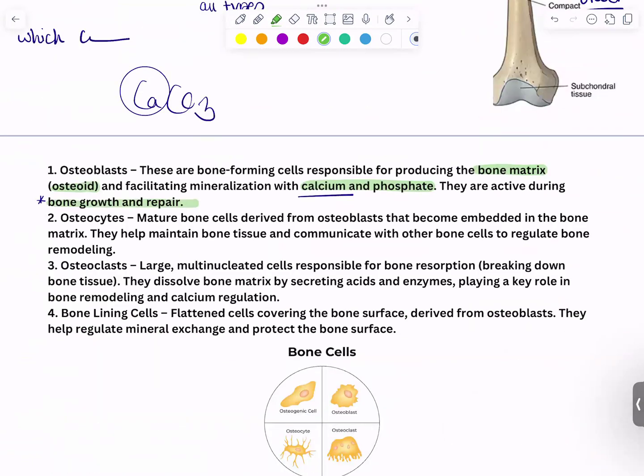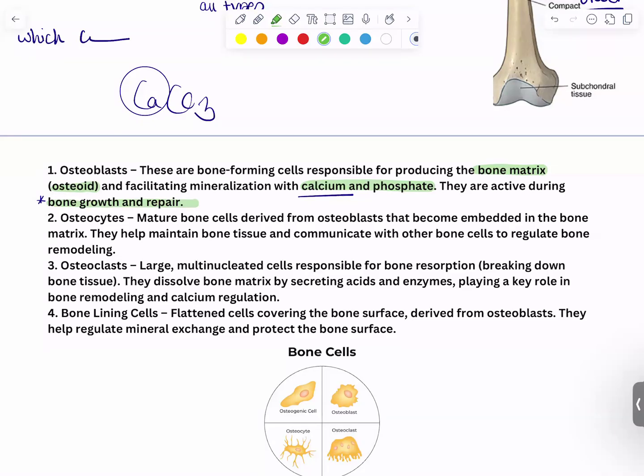Okay. About the osteocyte, any other questions before explaining the osteocytes again? Okay. When osteoblasts mature, they are converted to osteocytes. The responsibility for formation of the bone matrix is the osteoblast's function.